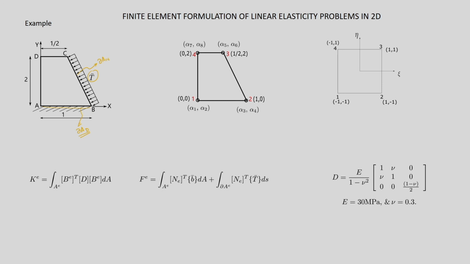Now, the lengths of this domain are given as 1 meter, 2 meter and half meter. Our idea is to first get the displacement under this load and constraint, and then get the strain and stress. So, how should we proceed?